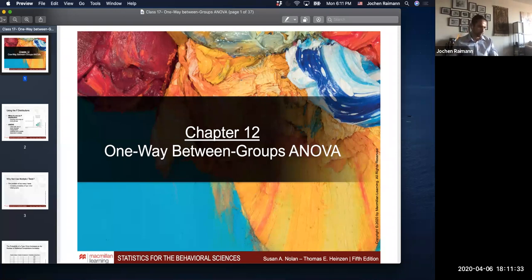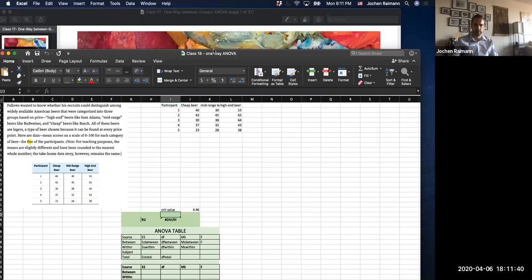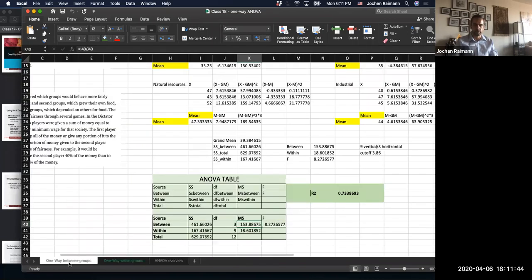Let me quickly put this in. This is what I prepared for today, and this is what you know from last time, right? Last time we populated this Anova table. At the finals I might ask: you have the between and the total, what's the within sum of squares?